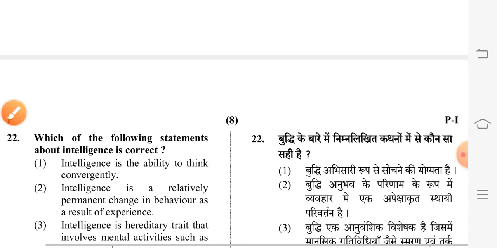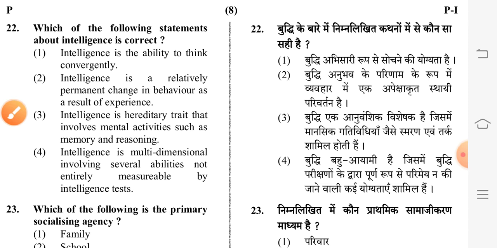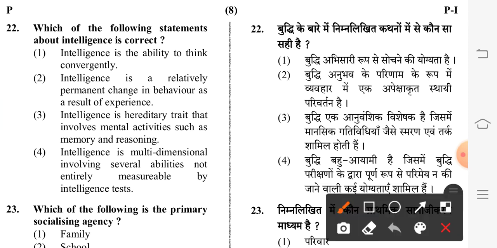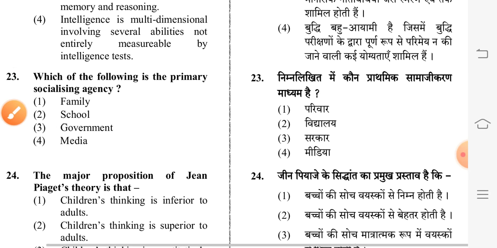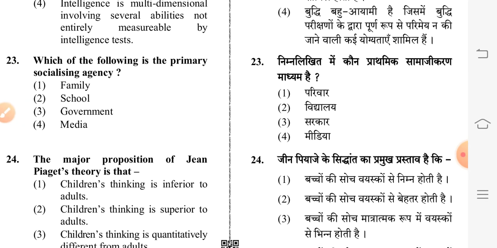Next question, which of the following statements about intelligence is correct? Fourth option is correct: intelligence is multidimensional involving several abilities, not entirely measurable by intelligence tests. Next question, 23rd question, which of the following is the primary socializing agency?